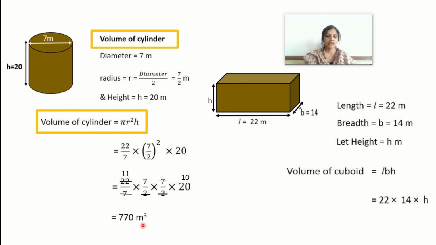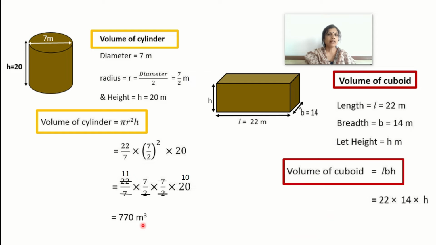Let's calculate the volume of cuboid now. We are given the length, we are given the breadth and height we have to find out. Volume of cuboid is L into B into H. Let's substitute the values. 22 into 14 into H. So now we have both the values, volume of cylinder and volume of cuboid.